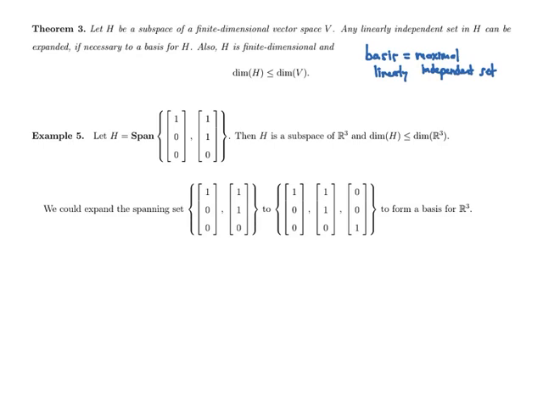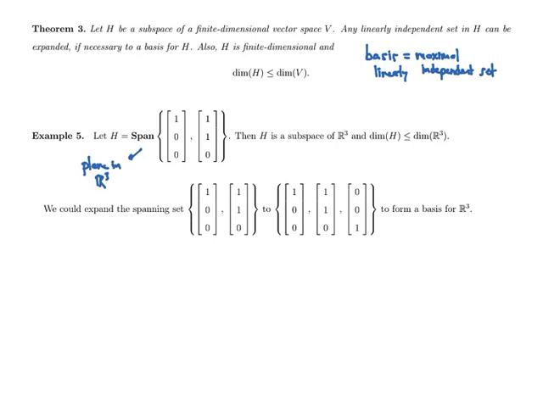So let's look at V being R3 and H a subset of R3 given by the span of these two vectors, noting that this is a plane in R3, which we just said in the previous page. And we know that the dimension of H is less than or equal to the dimension of R3.